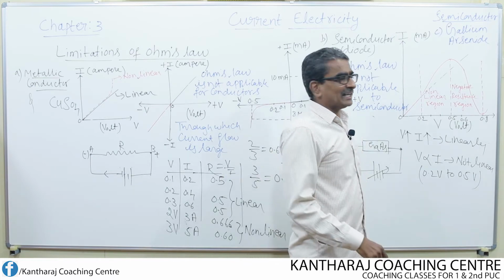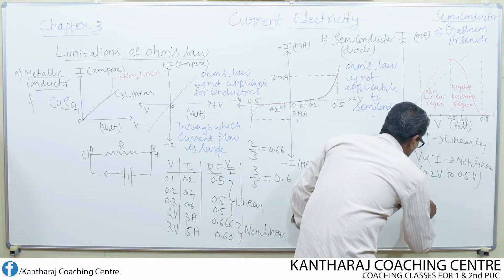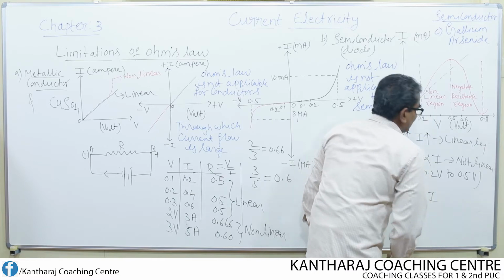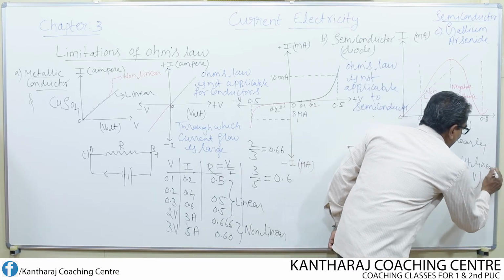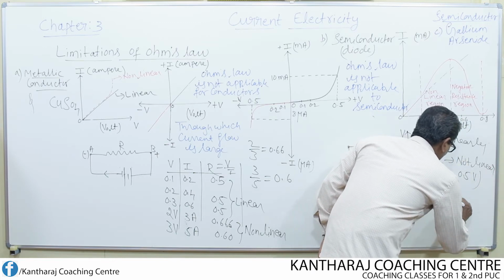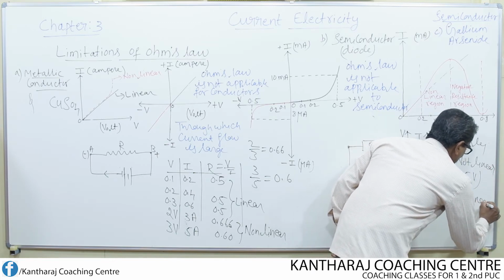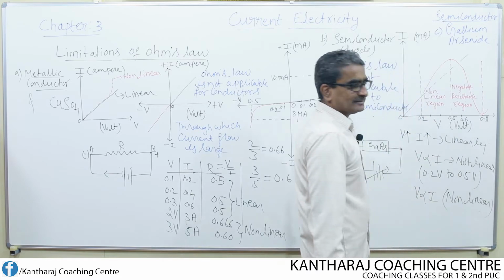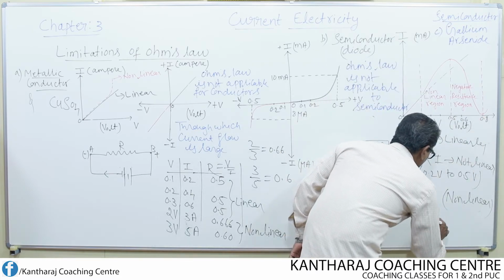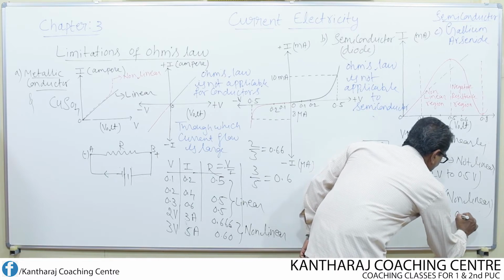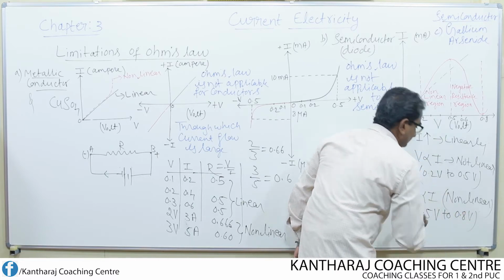So once again here also V proportional to I is not found to be linear. Once again it is non-linear. Okay, from where to where? According to this figure, say for example from 0.5 volt to 0.8 volt.